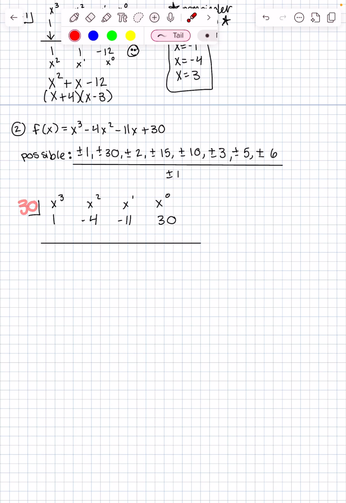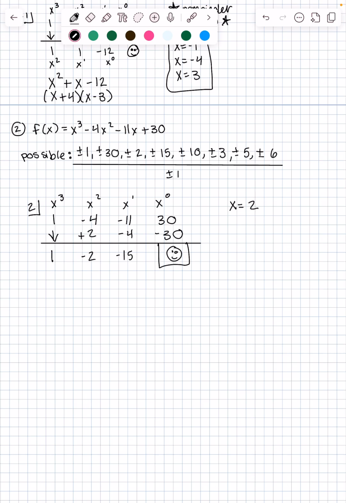You could plug in 30, -30, 2, -2, anything like that, okay? But I know the answer, so let's try 2. And let's use synthetic division. Okay, so we got a remainder of 0. This is what we want. So one of my solutions is x is equal to 2.